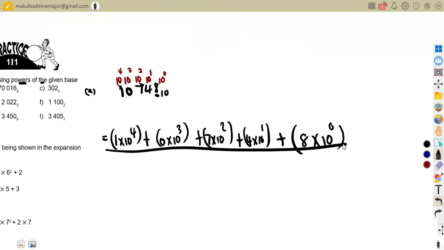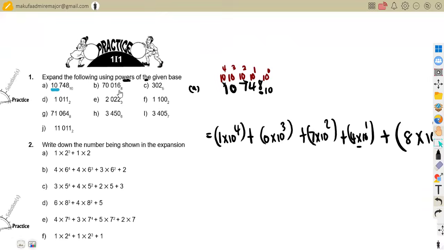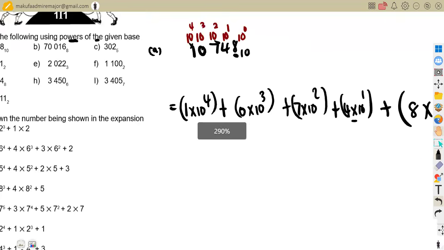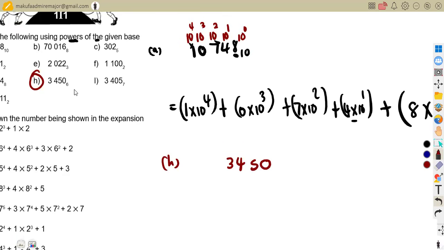We have expanded a number in base 10. If we are given a number in base 8, base 5, or let's say base 6, like 3450 in base 6, each and every digit is affected by base 6.